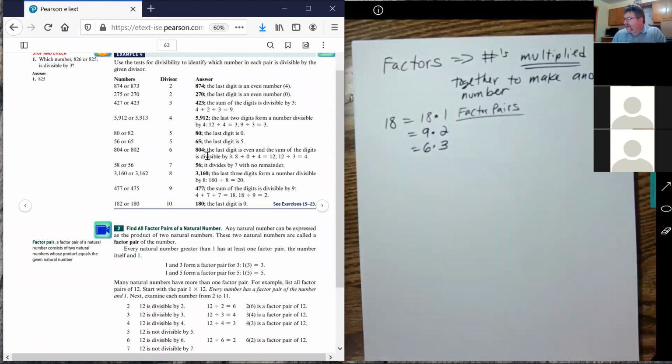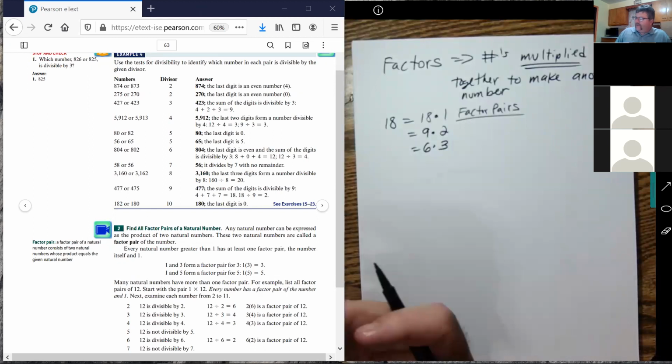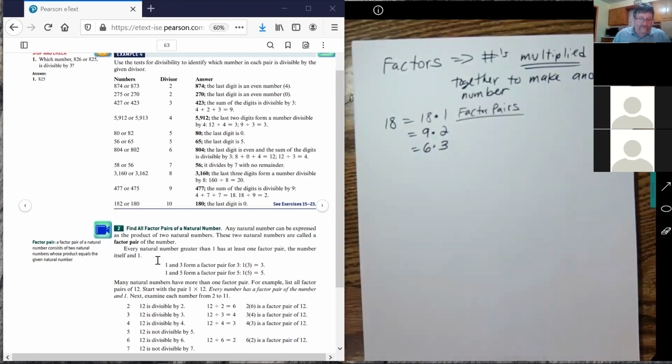So the question right now is going to be: list the factor pairs of some number. Okay, in this case, 18. So we're going to list the possibilities. Now how do we find those possibilities? Well, 18 we kind of knew, but what we really could do is go through all these divisibility steps with the 18. Can I divide by 4?